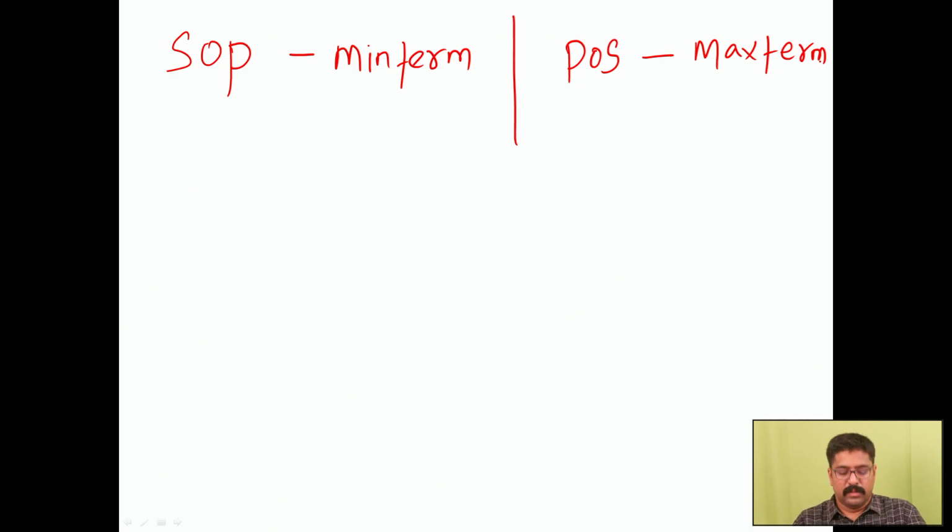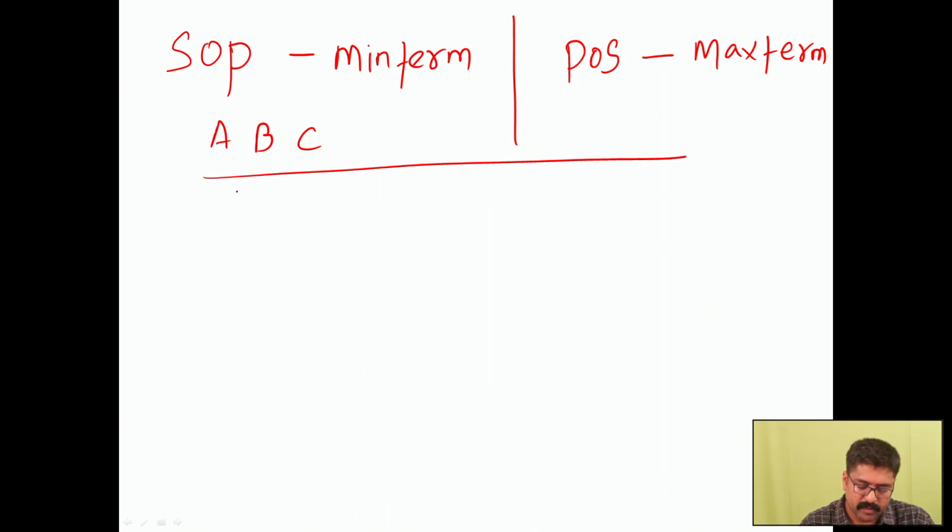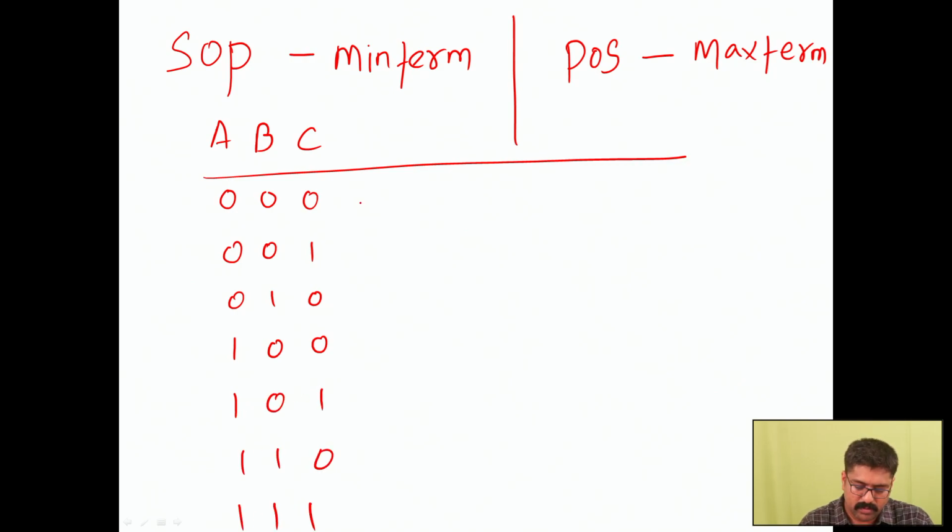Okay, so let me take a 3 variable example, A, B, C. So there are 8 combinations.